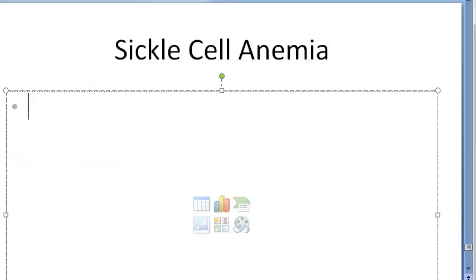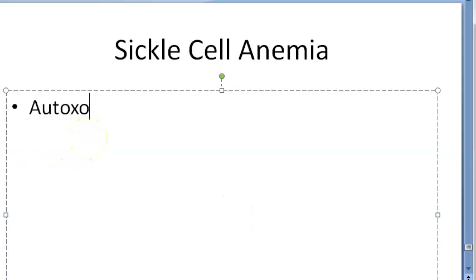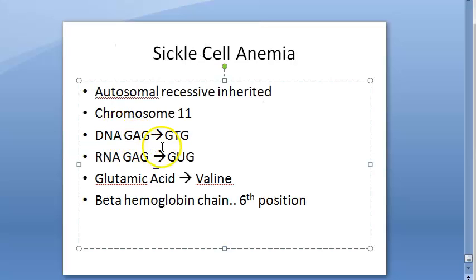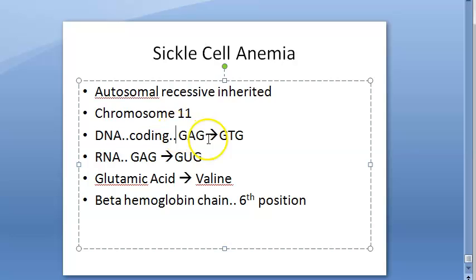Usually this is an inherited disease, like autosomal recessive. Here, in chromosome 11, in the DNA coding strand, GAG will become GTG.